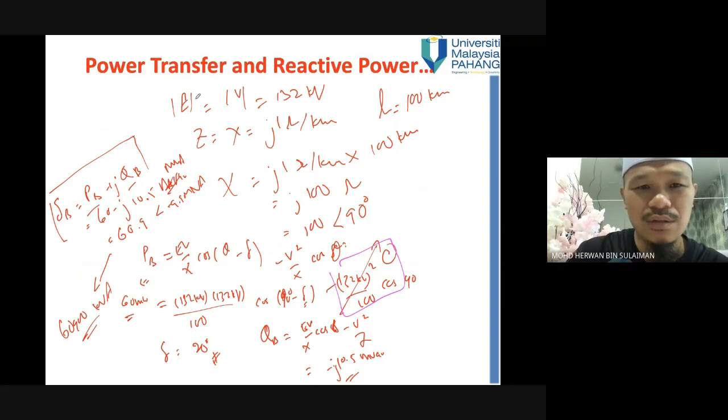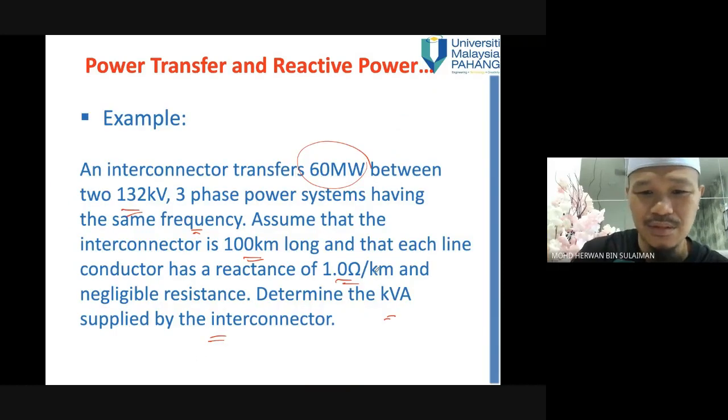And your E or your V is 132 kV. Our Z or X is 1 ohm per kilometer. So the line is 100 km, you have to multiply by 100 km. This is something you commonly have to do.